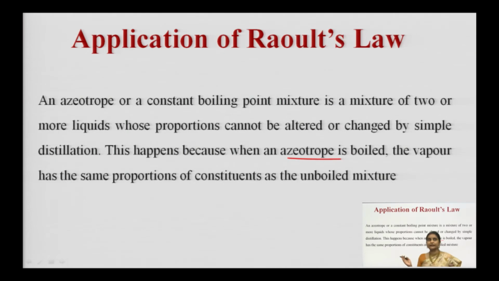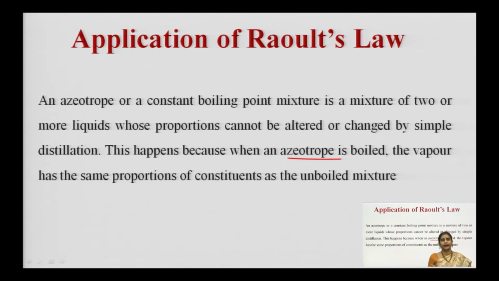Because they start boiling together with the same composition. For example, water and ethanol start boiling at the same temperature of 78.17 degrees Celsius, and the vapor which comes out always contains 4% of water and the rest, 96 point something, of ethyl alcohol.